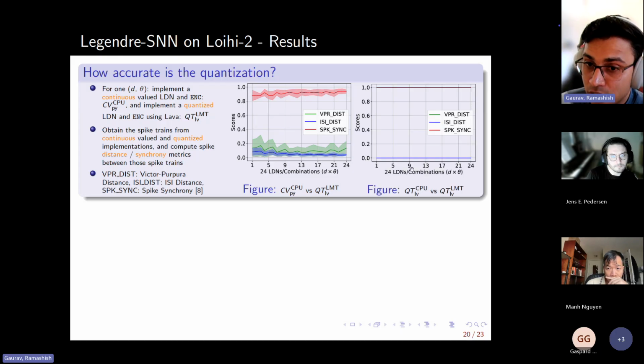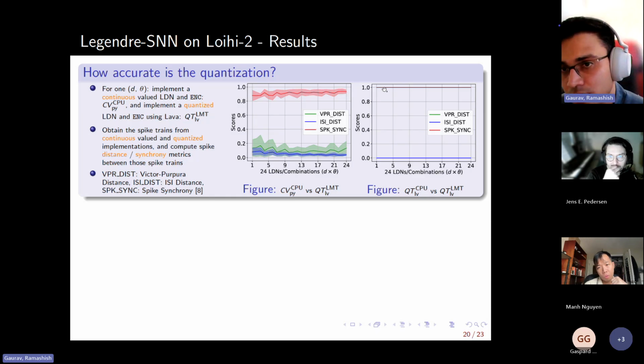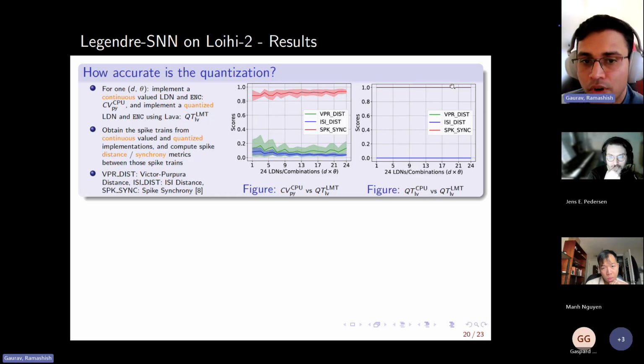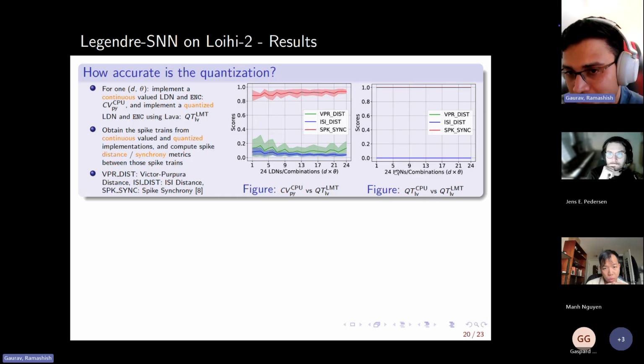Now this plot is with respect to the quantized implementations, this time on the CPU as well as the Lakemont cores. I also evaluated whether my CPU implementation of the quantized LDN matches the LMT implementation of the quantized LDN. In this case, the spike synchrony metric is all one for the different LDNs on the x-axis.